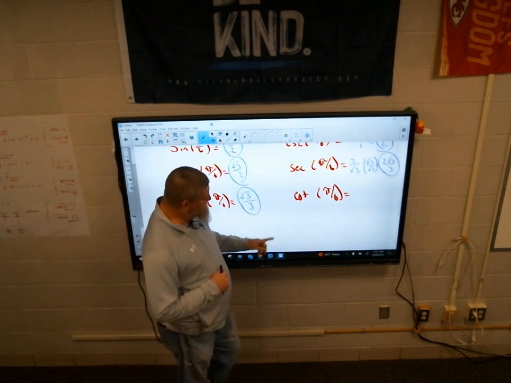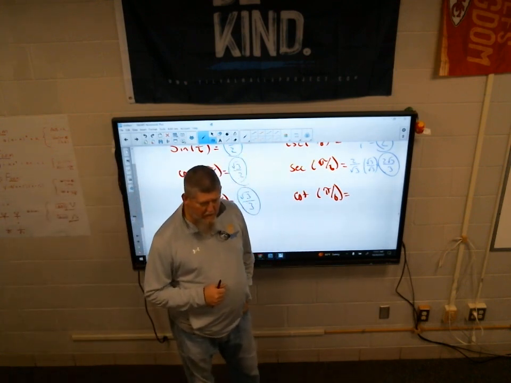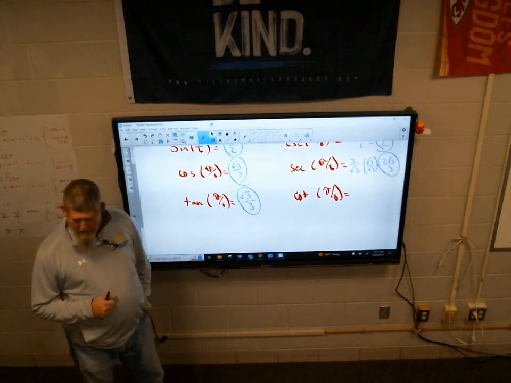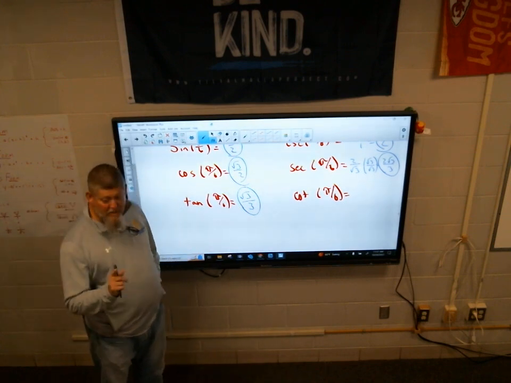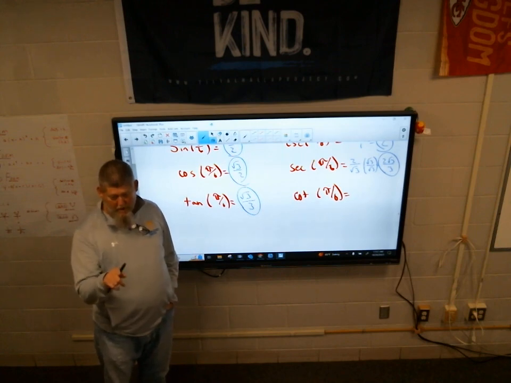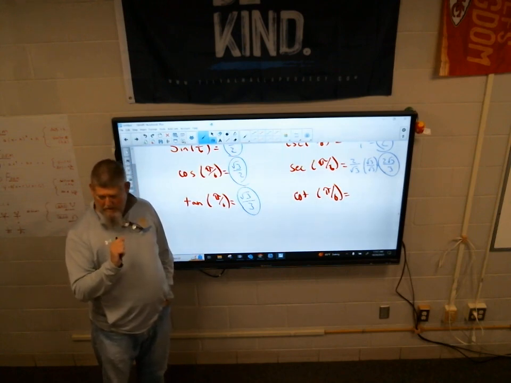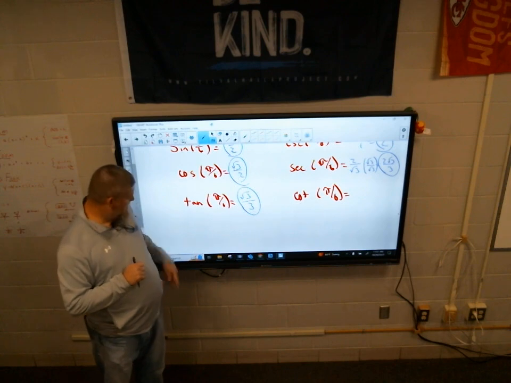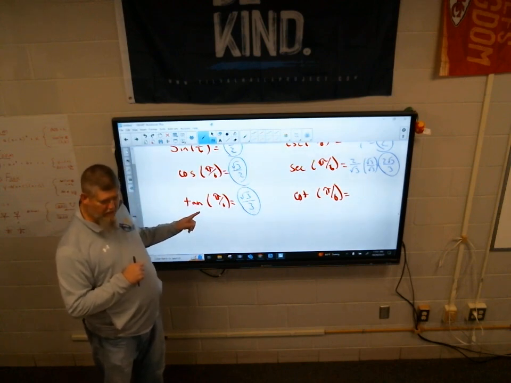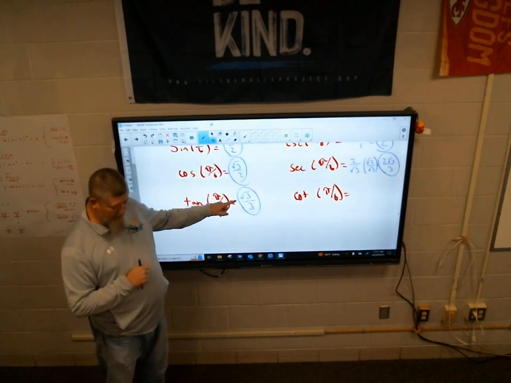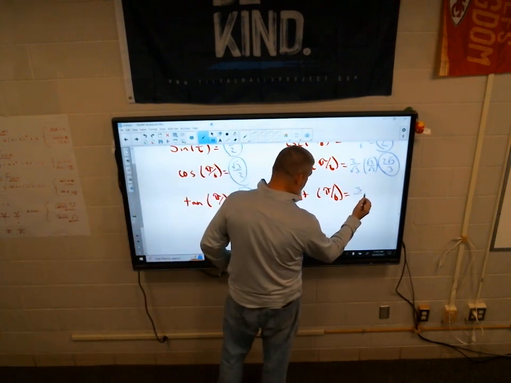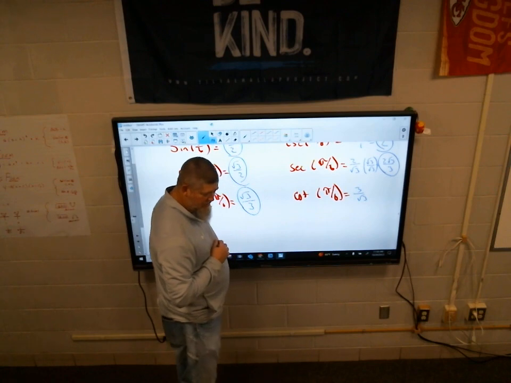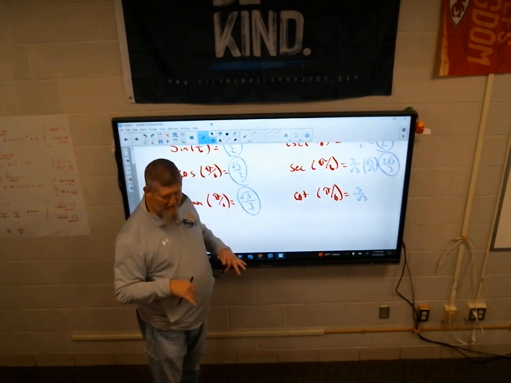What's the cotangent of pi over 6? We can do it quicker than cosine over sine. Just take the reciprocal of the tangent. If I switch it around here, I get 3 over radical 3, and I don't like that because there's a radical on the bottom.